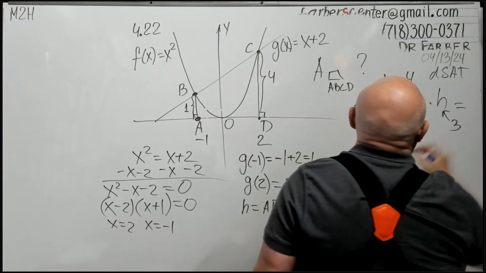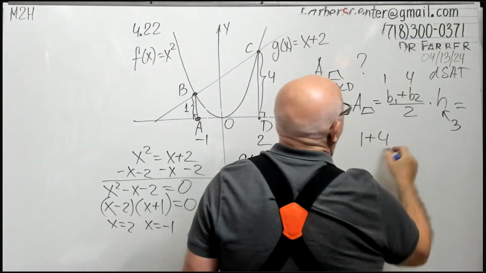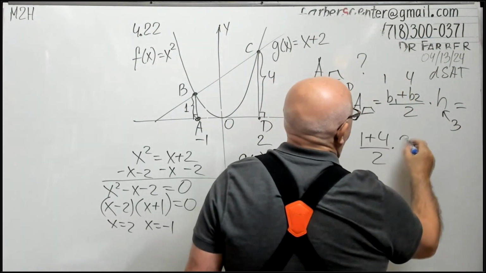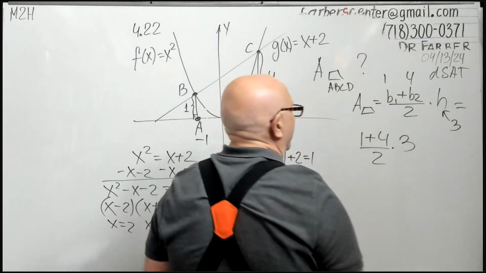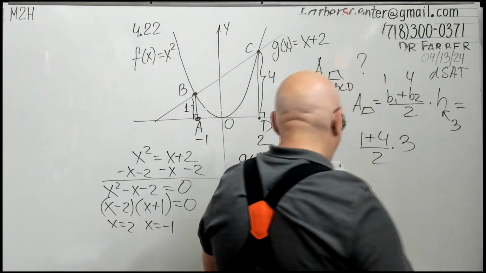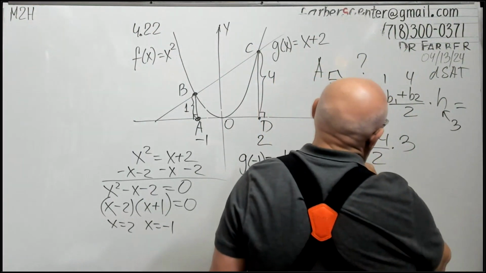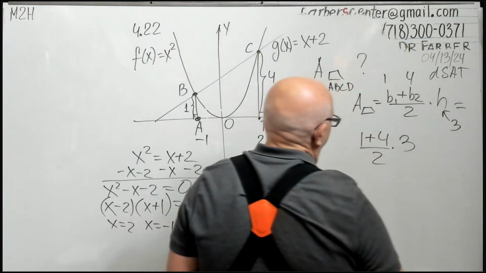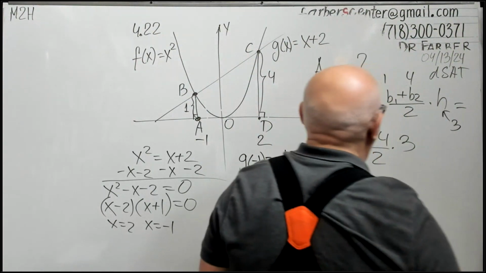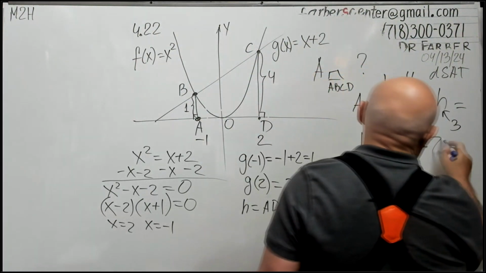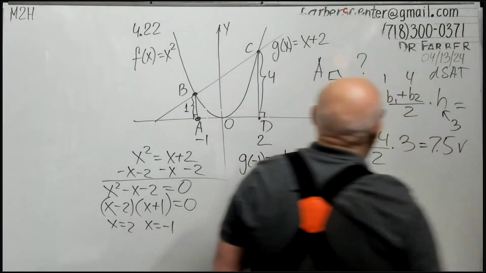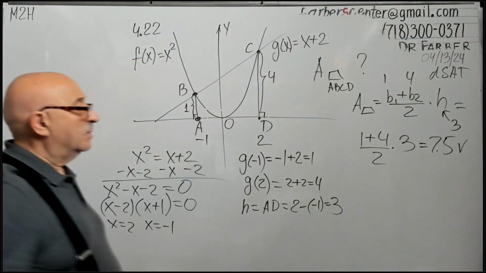Now, everything we have is 1 plus 4 divided by 2 multiplied by 3. They ask you 5 divided by 2 is 2.5 times 3 is 7.5. So far, so good.